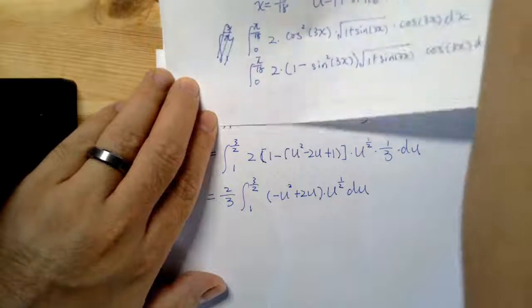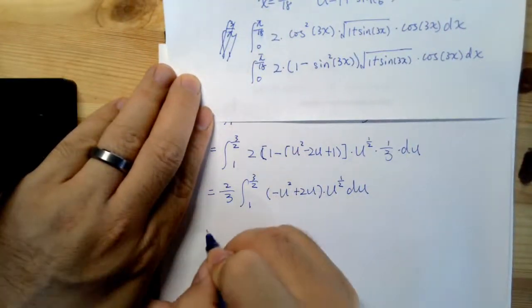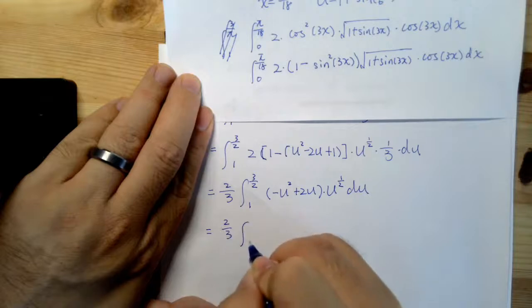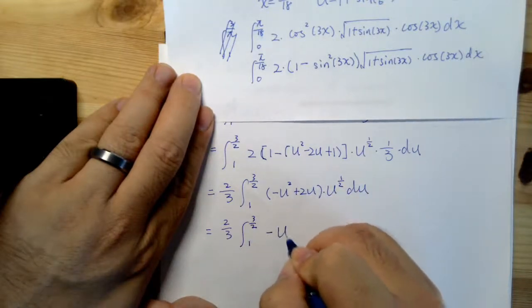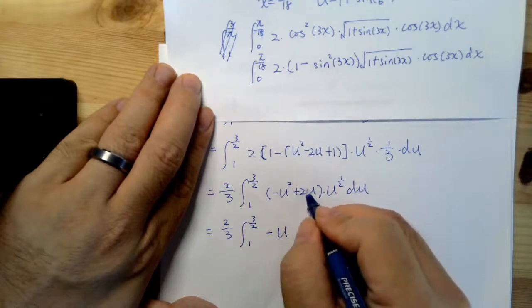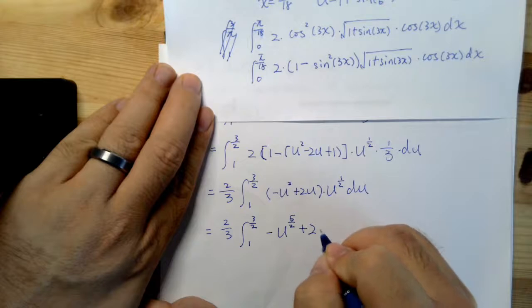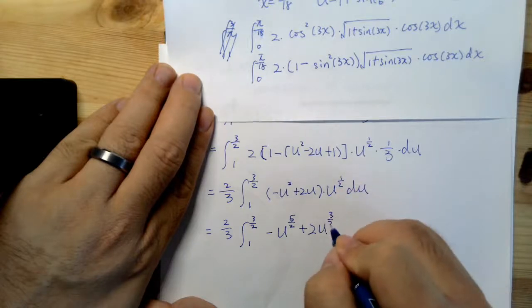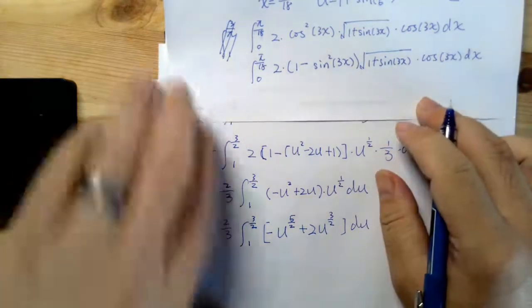And then we can do 2 over 3 from 1 to 3 over 2. This is going to be negative u to the power of 5 over 2, plus 2 times u to the power of 3 over 2. And then du.